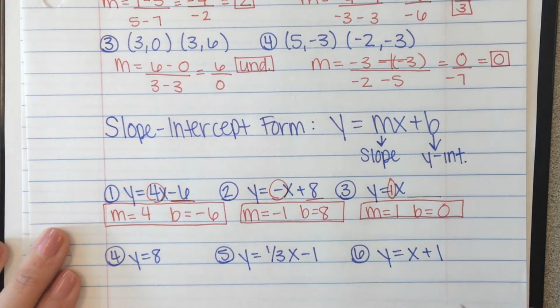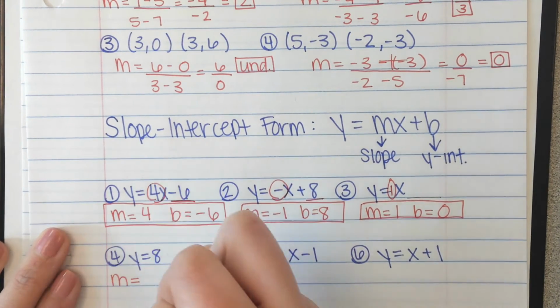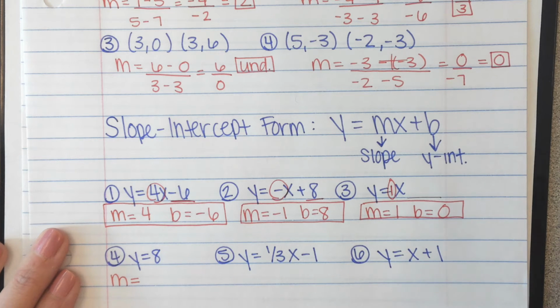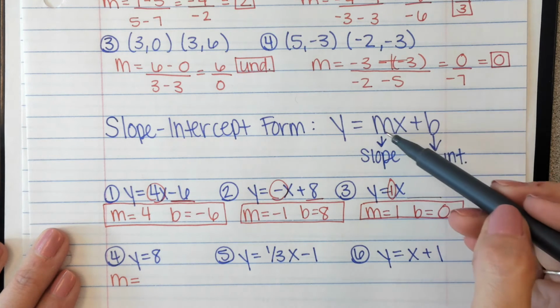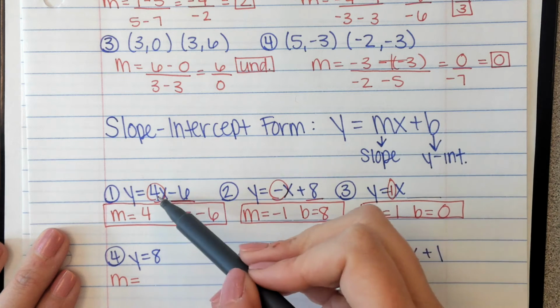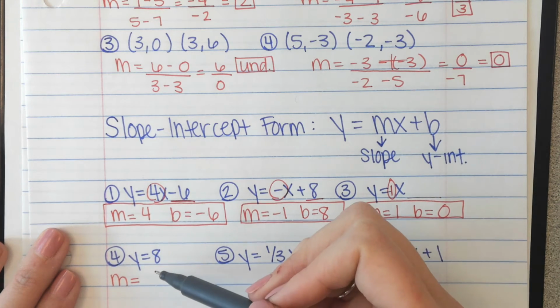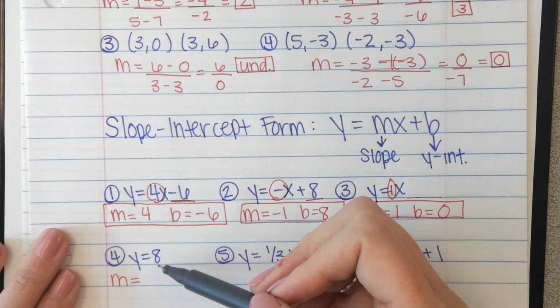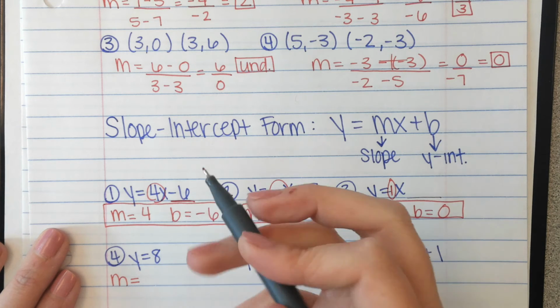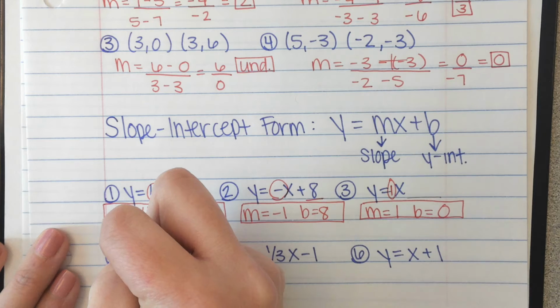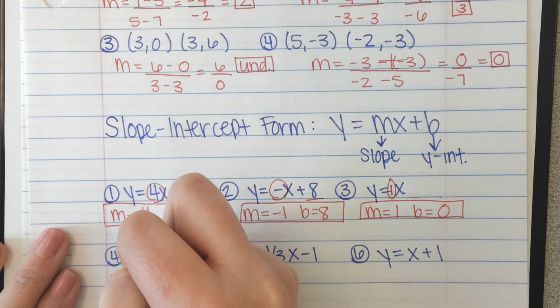All right, number 4, m equals, now up here, it looks like our slope is with x, and that's held true for the problems before. Do we have an x in this problem? No. So if we don't have an x, our slope is 0.